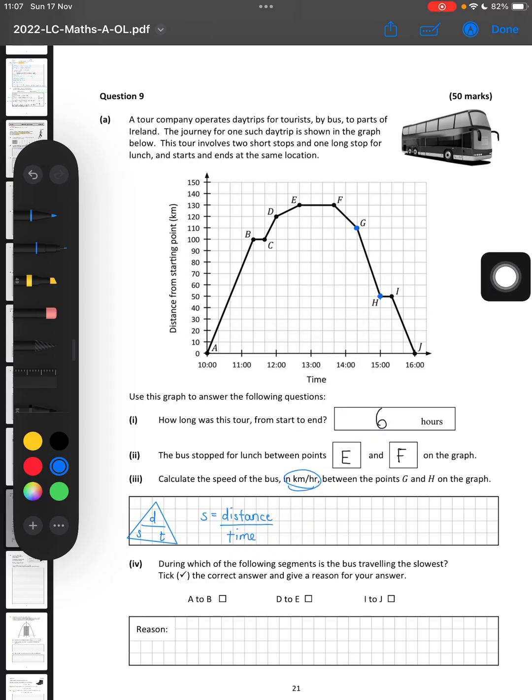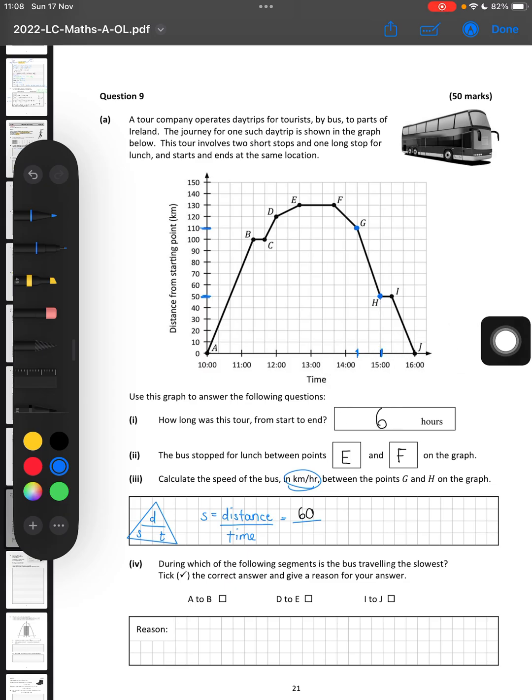So they go from 110 and 50, so they're travelling 60 kilometres towards home. Okay, so 60 kilometres towards home. And then my time is between here and here. Okay, so that is 2/3 of an hour, because there's 3 boxes between each hour, so it's 2/3 of an hour.